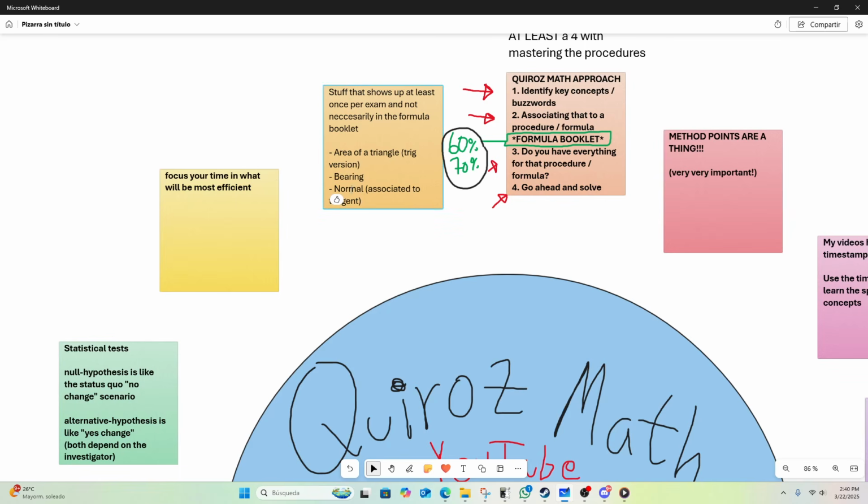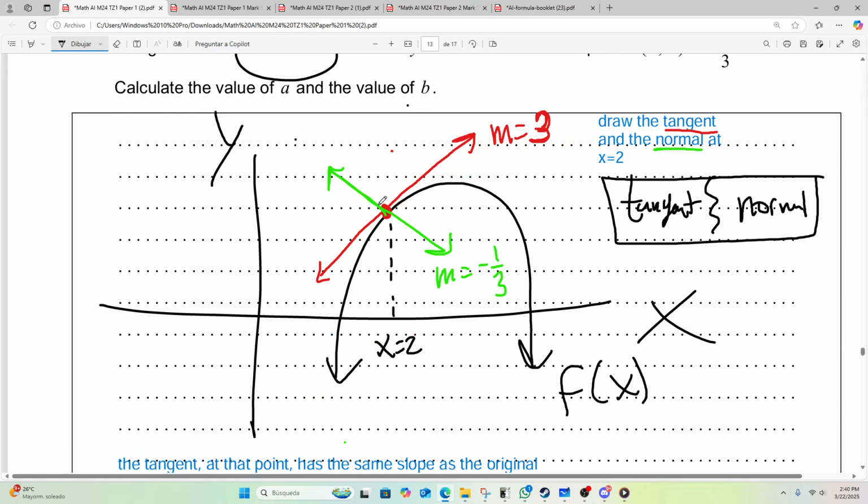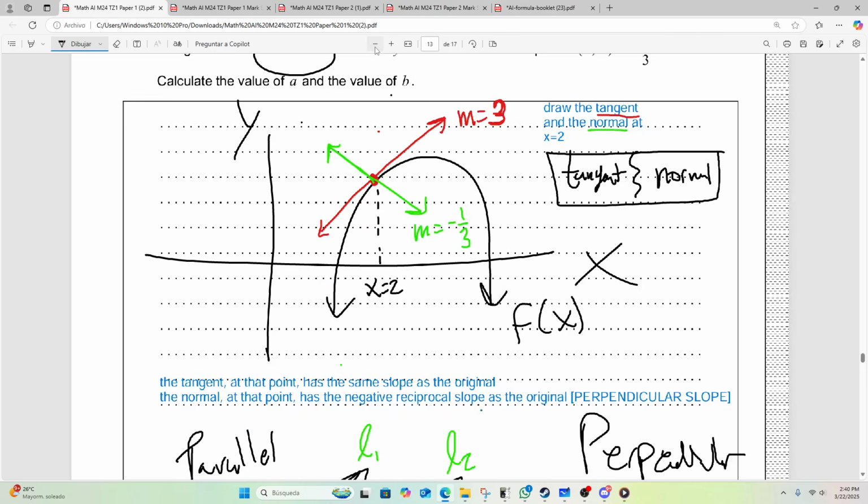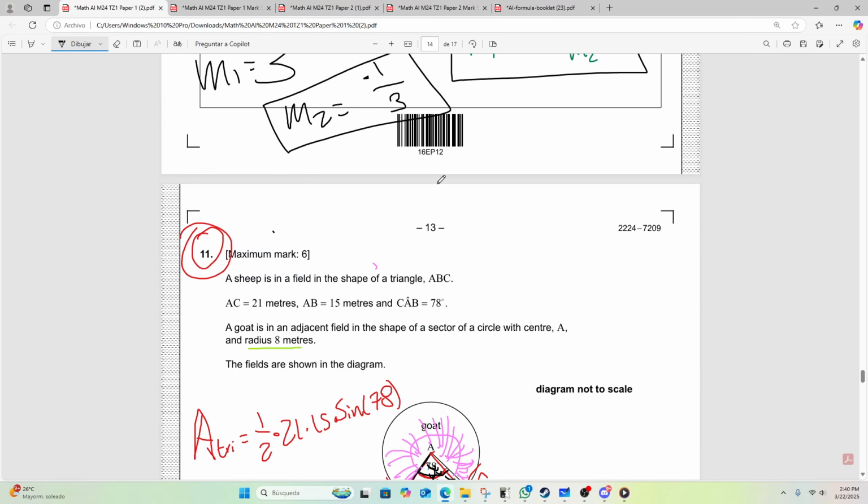So these are key concepts that are not necessarily in the formula booklet, but generally show up once per exam. I'm pretty sure bearing shows up later, so let's just keep going.